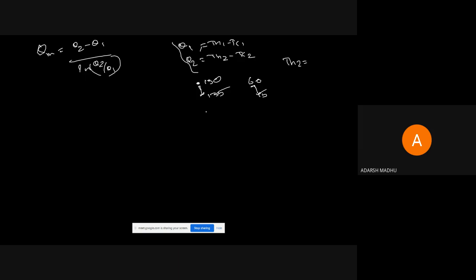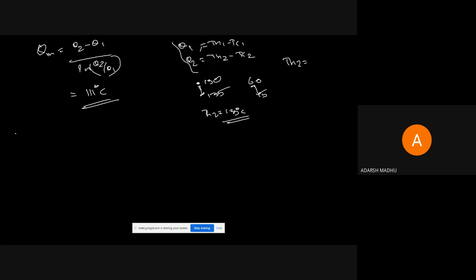So you can take TH2 directly as 135 and find theta m. The value is 111 degrees Celsius.